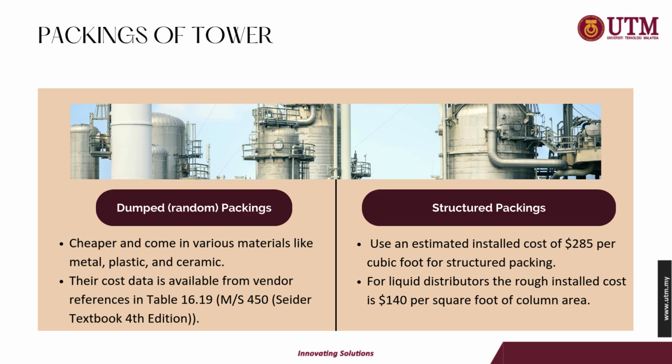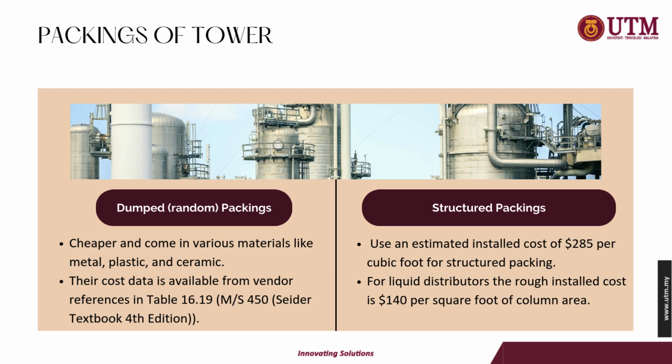And if there are no vendor quotes available, we can use an estimated install cost of $285 per cubic foot for structured packing. And finally, for the liquid distributor, which is important for even fluid flow, the rough install cost is $140 per square foot of column area.